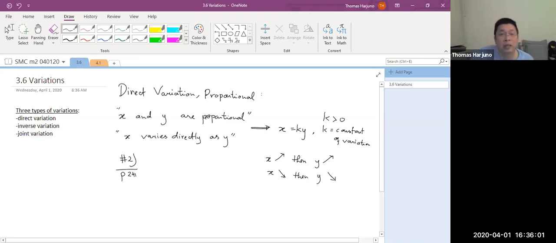It says that S varies directly as T. It means S equals a positive constant multiple of T.